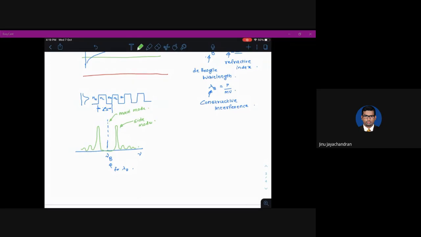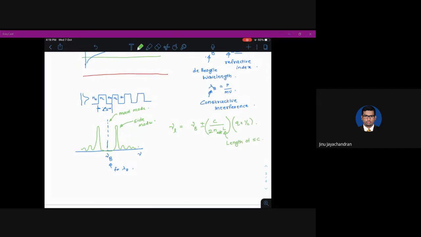And the single mode frequency is given by the main mode frequency plus or minus C by 2n effective L into Q plus 1 by 2, where L is the length of the semiconductor or the length of the active region.